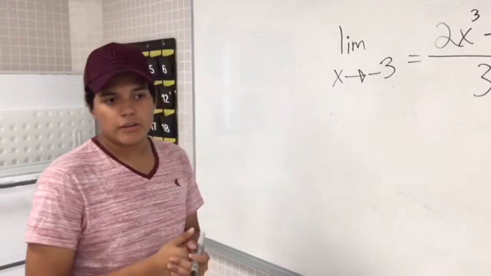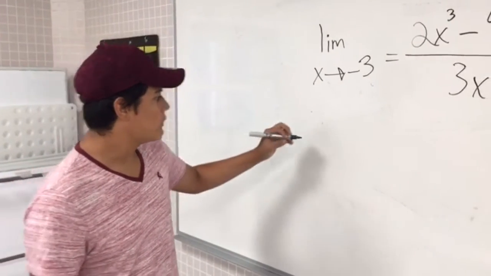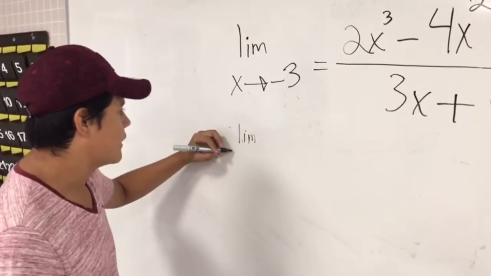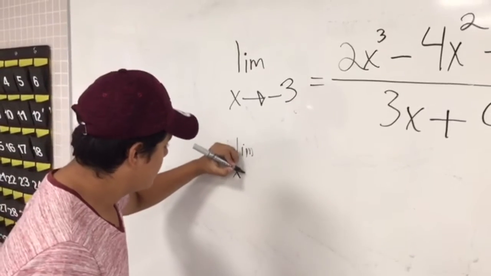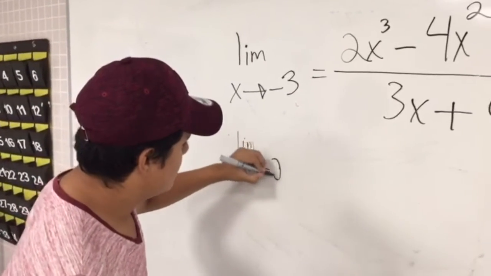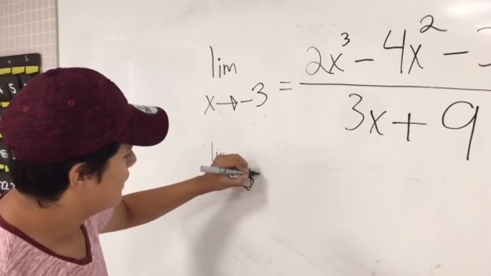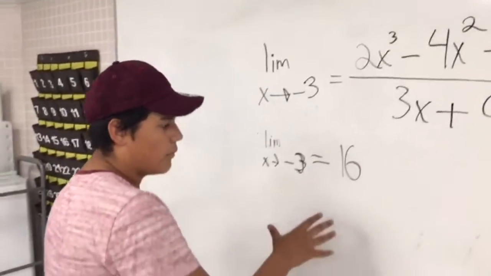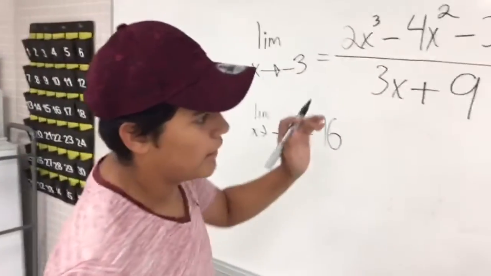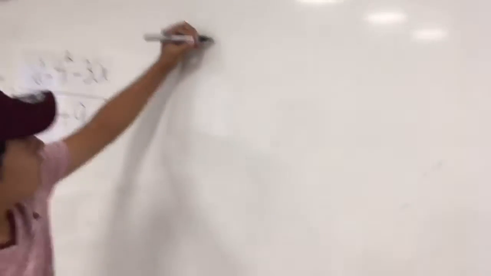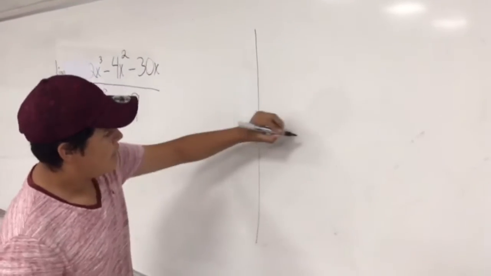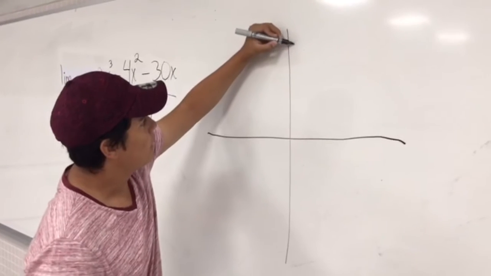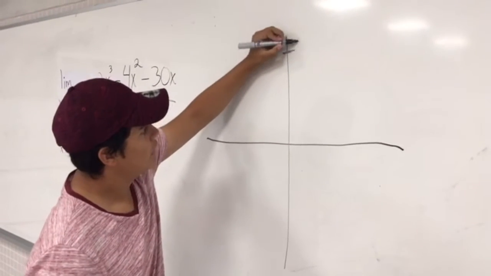After getting the answer, doing all of the process, we found out that the limit when x tends to -3 equals 16. After this, we're going to graph it, and you graph it like this. We plug the 16 here.